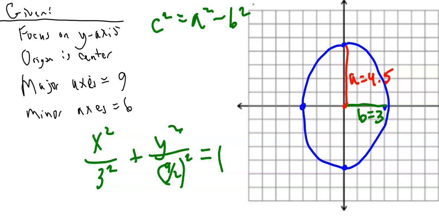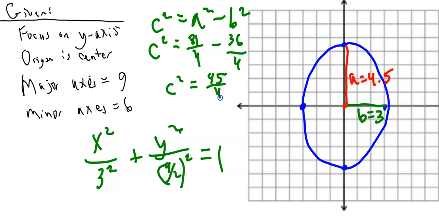So in this case, a squared would be 9 halves squared, so c squared equals 81 fourths minus 9, which is 36 fourths. So c squared equals, wow, 45 fourths, I think.